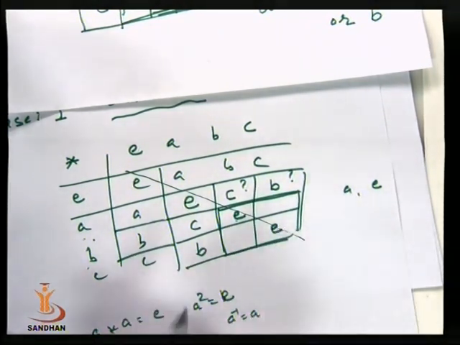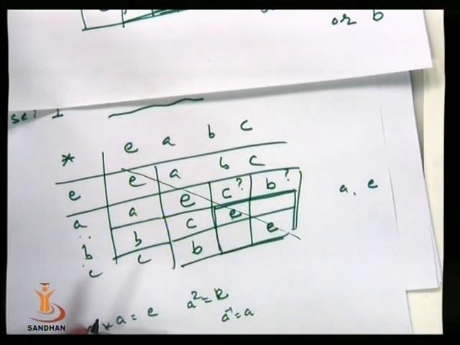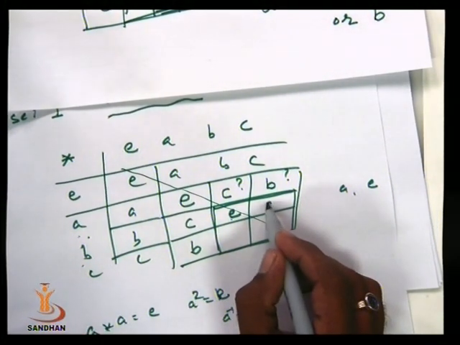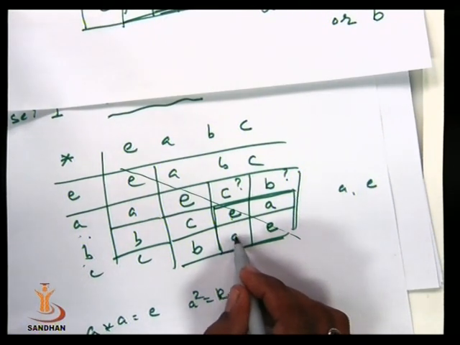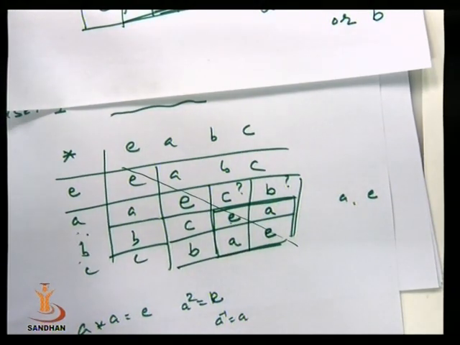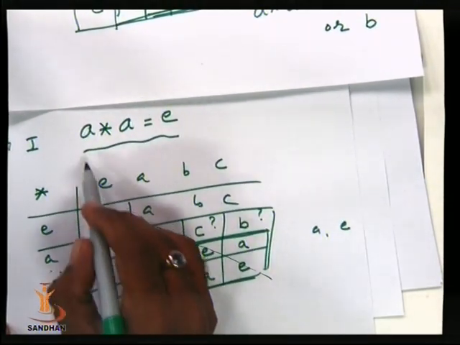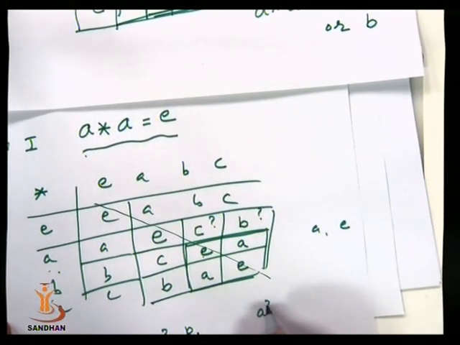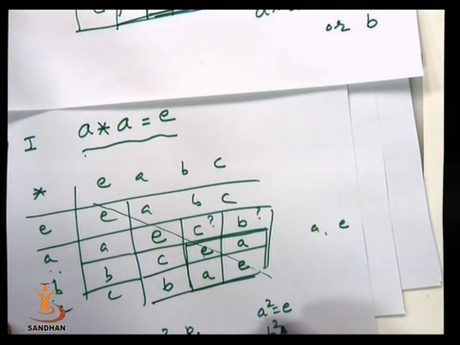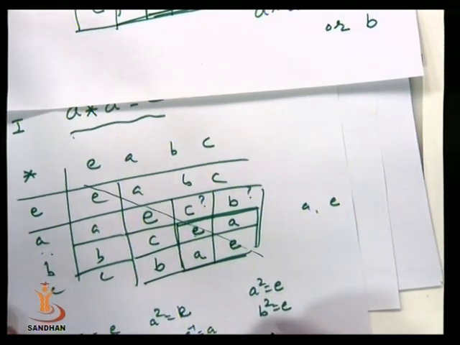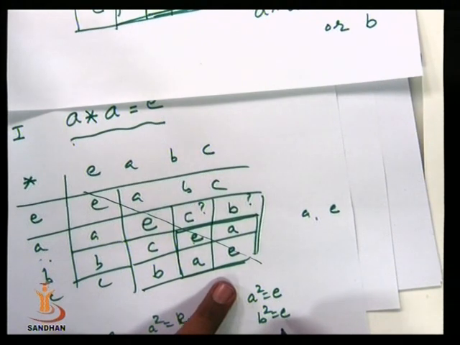If we put E here, then C star C is equal to identity. So we got a commutative group with the property that A square is equal to identity, B square is equal to identity, and C square is also equal to identity.